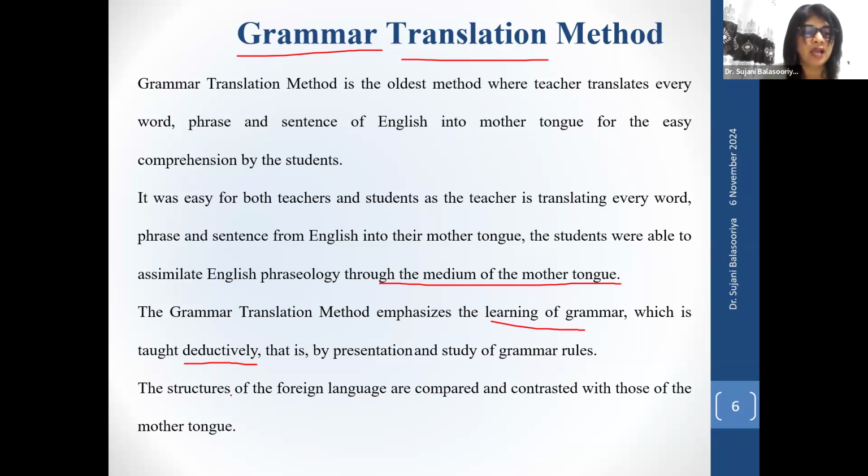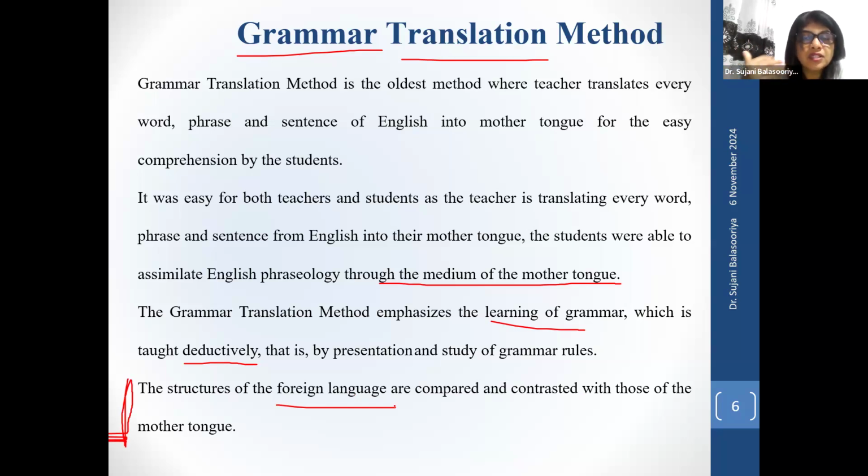Okay. Yeah, the structures of the foreign language are compared and contrasted with those of the mother tongue, and this is also happening there. Here foreign language or second language, according to our situation, is the English language. Then in using GTM, the teacher compares the grammar structures of both languages, the mother tongue and the English language, the target language.